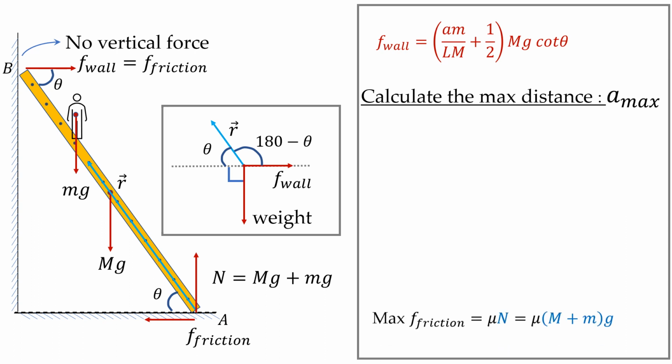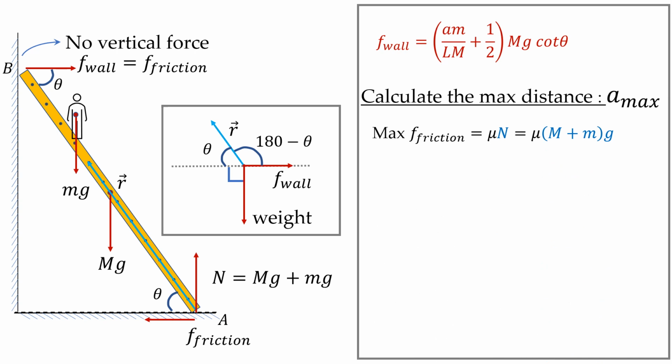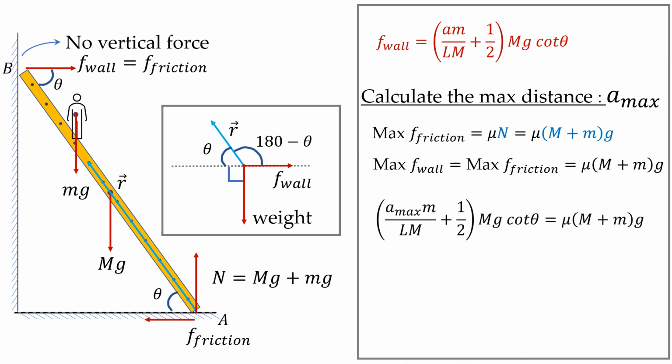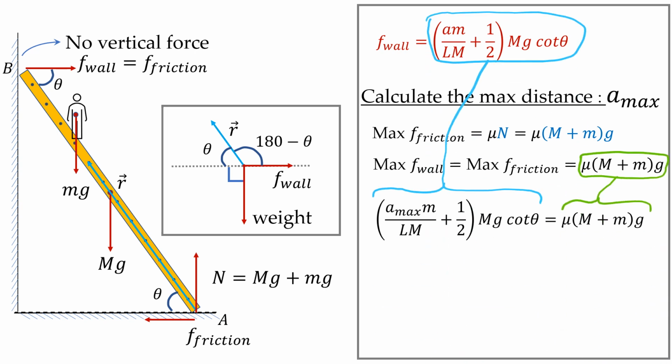We know from the study of friction that the maximum force of friction is the coefficient of static friction times the normal force. Now we know the maximum force of the wall, and we get the following equation from which we can get A max, which is the final answer to the second part of the question.